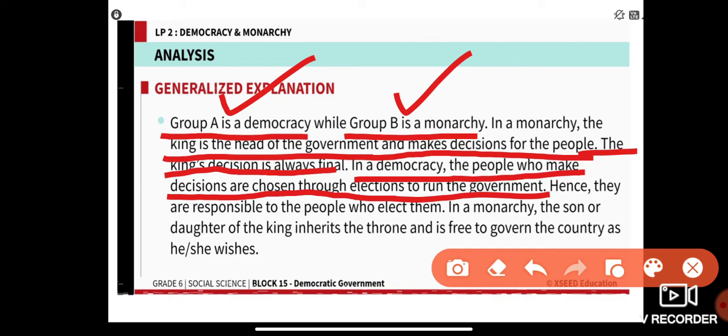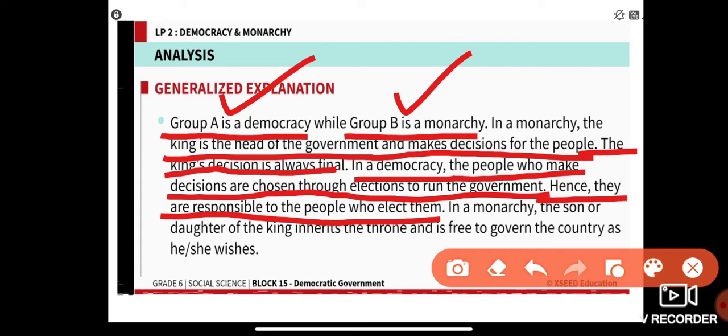That's why we elect our leader, the prime minister, our chief minister, by voting, by giving our votes. Hence they are responsible to the people who elect them. So the prime minister or the chief minister or any minister, they are responsible to the people who elect them.